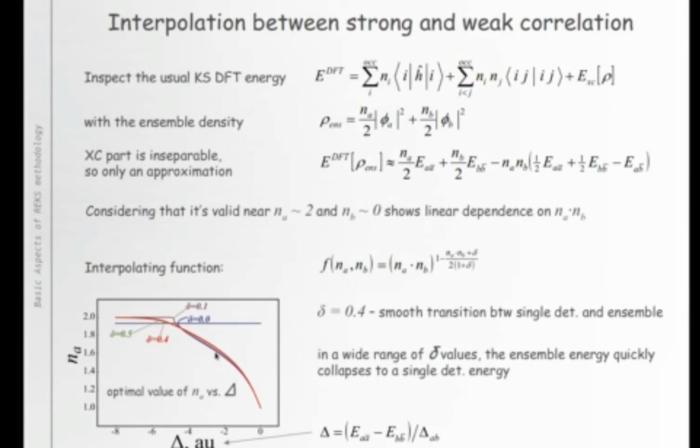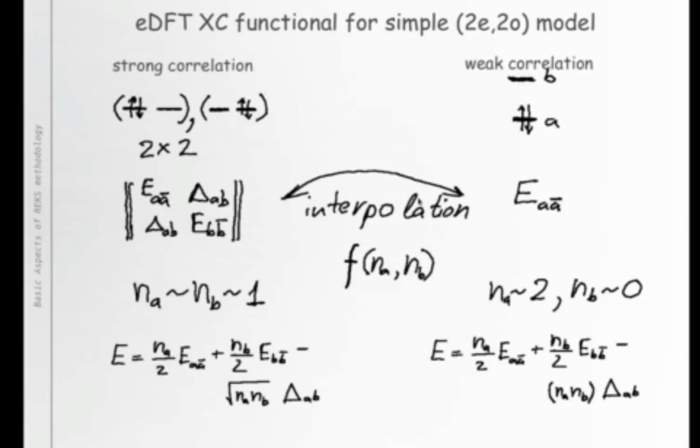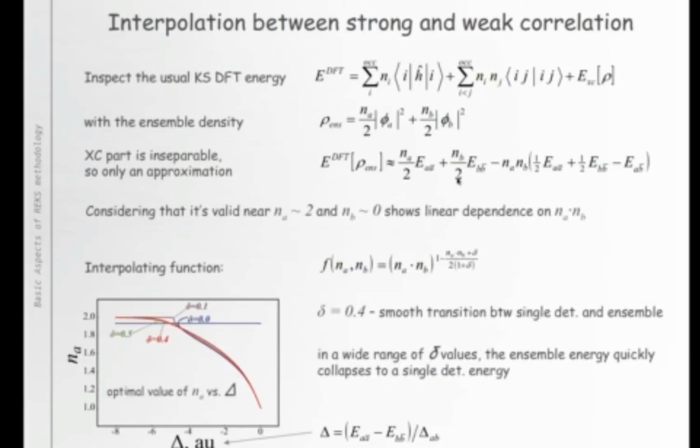But do you obtain this number from some particular computation or for some particular system? No, this is not for any particular system. When I optimize, I can optimize by the Newton-Raphson method when I know the energies of all these components of the ensemble.